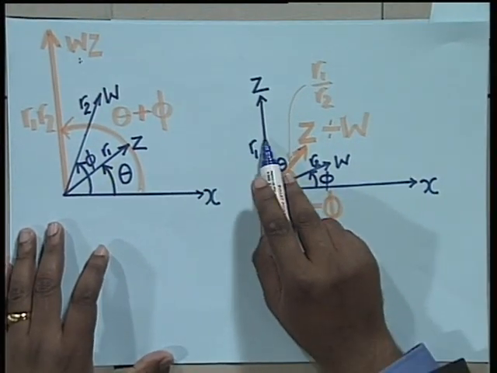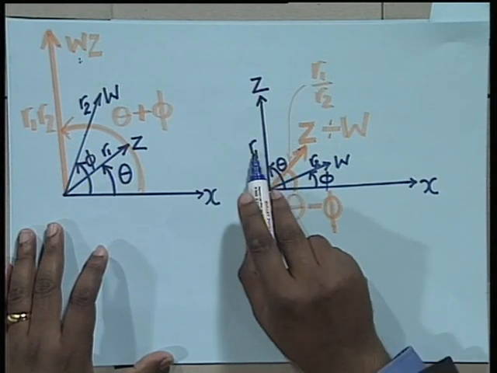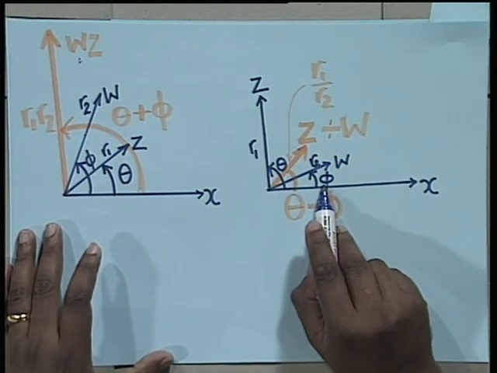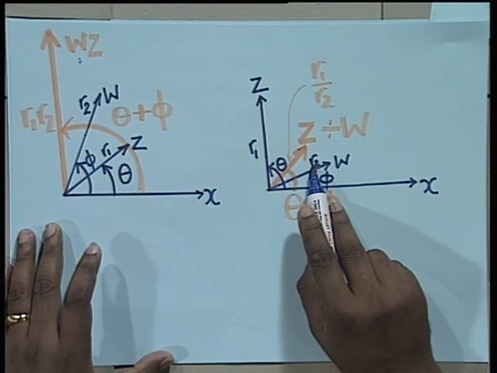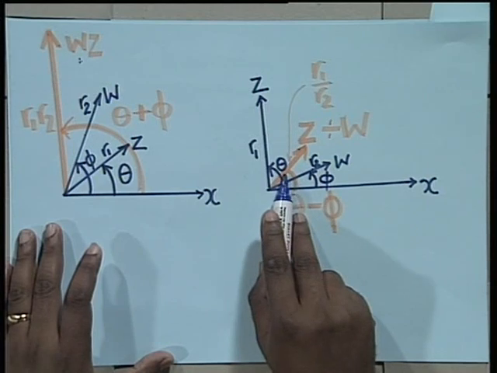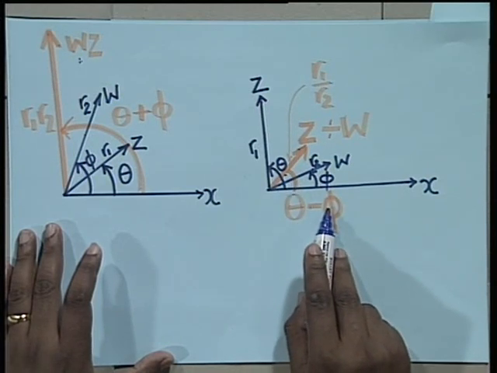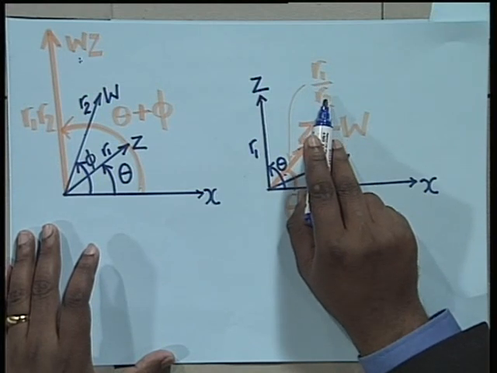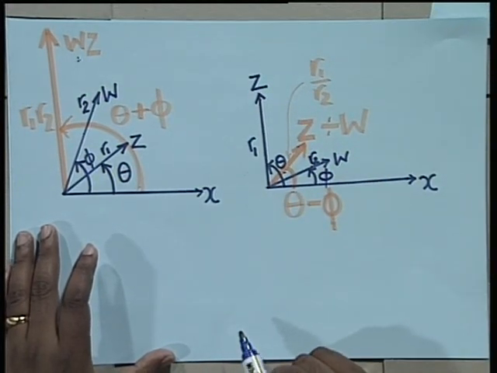We have Z, which has argument theta and modulus R1. We have W with argument phi and modulus R2. Z divided by omega will have an argument theta minus phi and a modulus of R1 divided by R2.